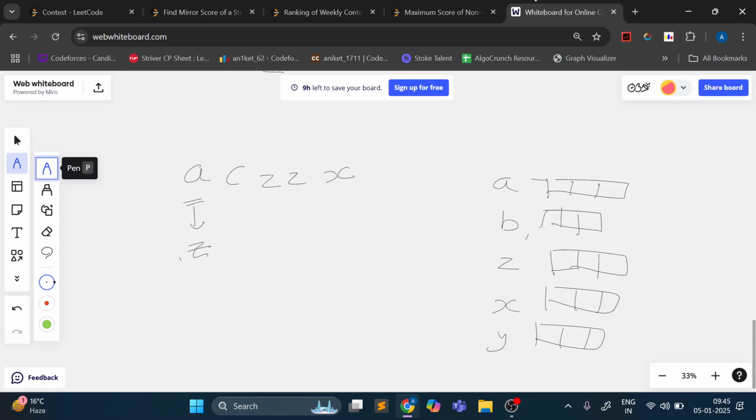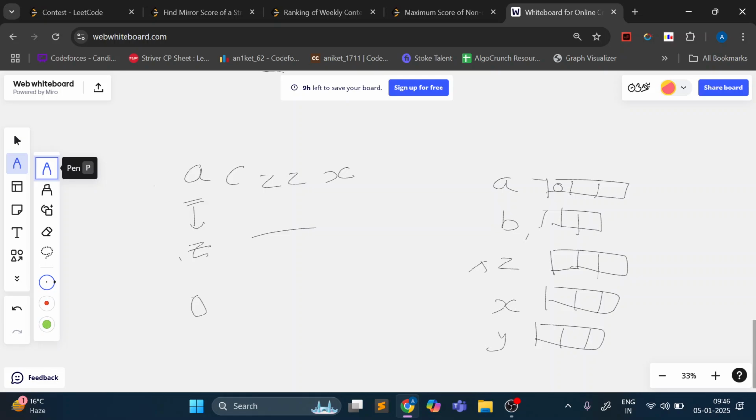What we need is Z's previous index, but Z doesn't have any element before it. The score would still remain 0. But now we push A's index in the stack of A. So we pushed 0 to stack A.